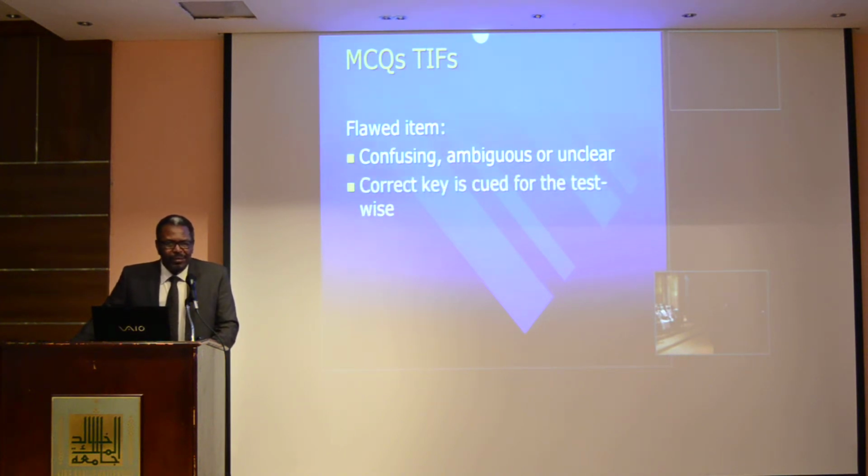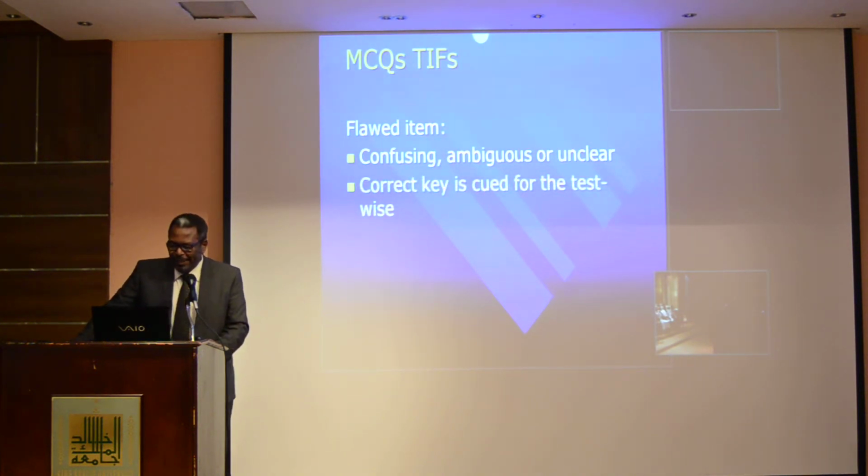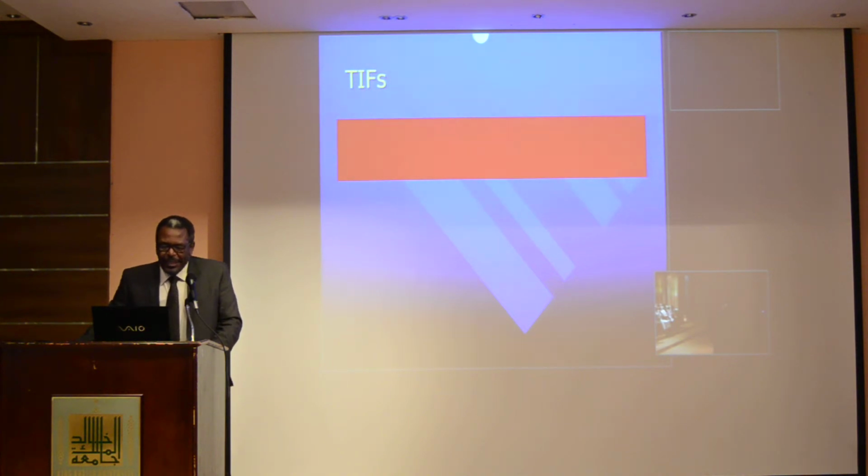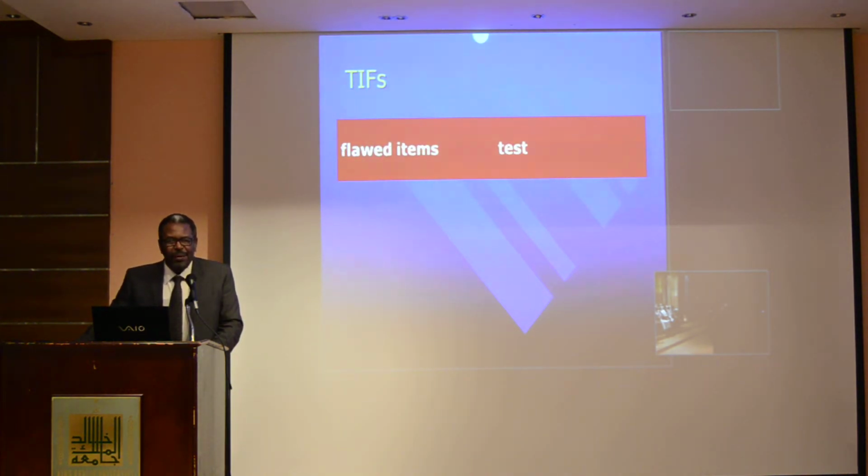Or they may also contain some clues for the correct answer, and this will spoil your instrument. So let us think of flawed items highly prevalently occurring in your MCQs, I hope not.